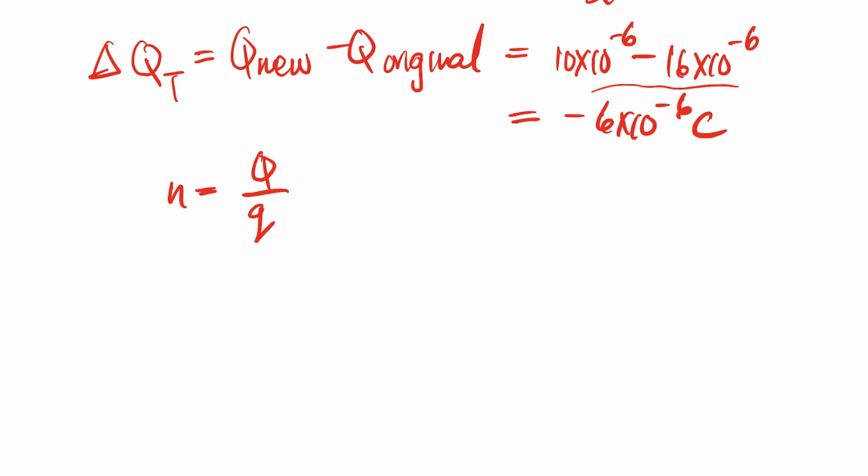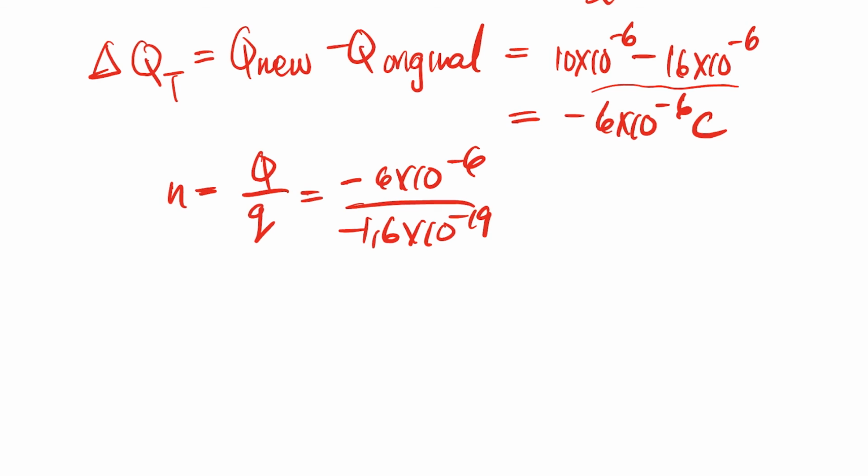It's Q divided by the elementary charge. So it's going to be 6 times 10 to the power negative 6 divided by negative 1.6 times 10 to the power negative 19. Okay, let me punch that in the calculator. So it's 6 times 10 to the power negative 6 divided by 1.6 times 10 to the power negative 19.